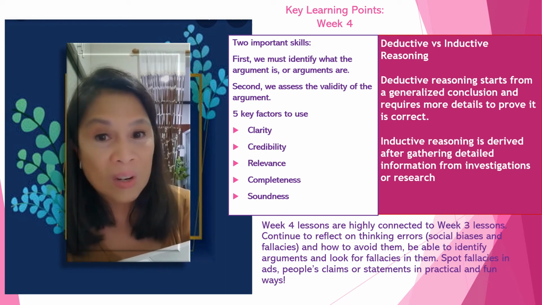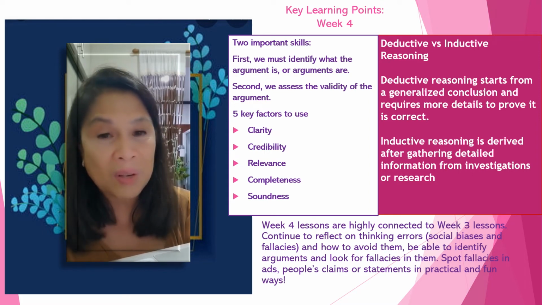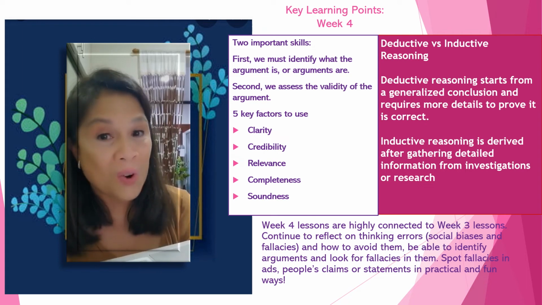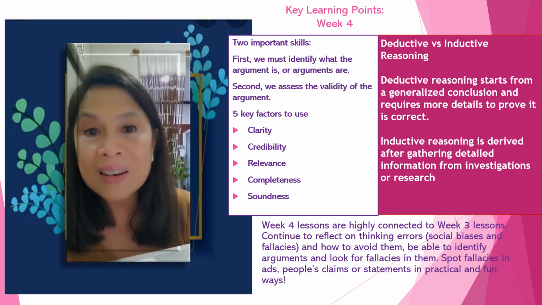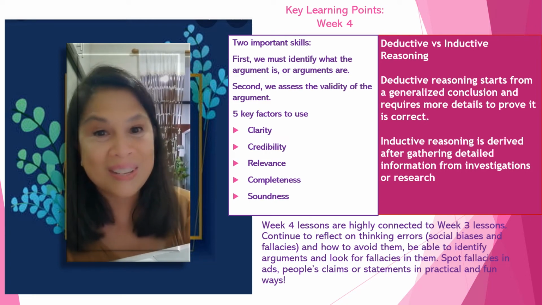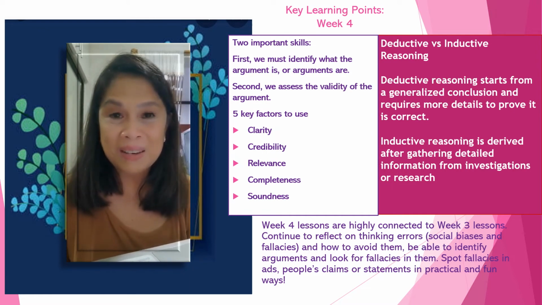If you're watching, note that Sherlock Holmes does not make an outright conclusion, but first he makes observations, he gathers more information before he will conclude that indeed the crime is committed and who is the culprit in the case. All right, keep that in mind.